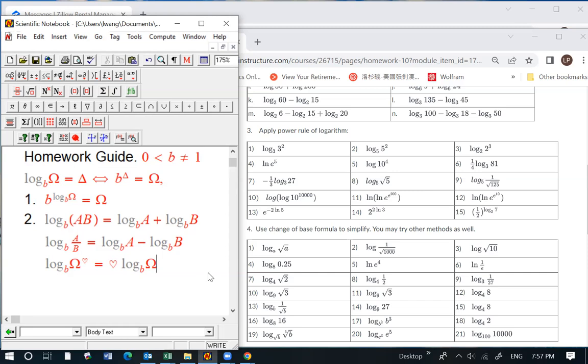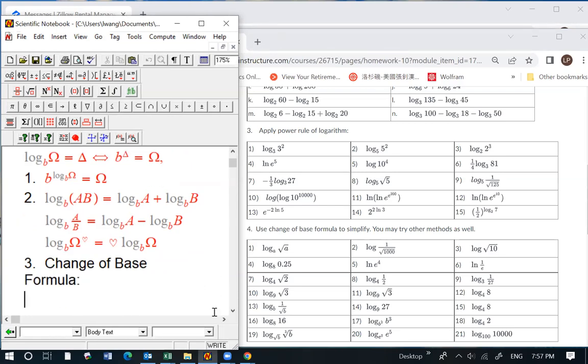Okay. Number 3, change of base. Change of base formula. We have a specific set of lessons that cover the change of base formula.